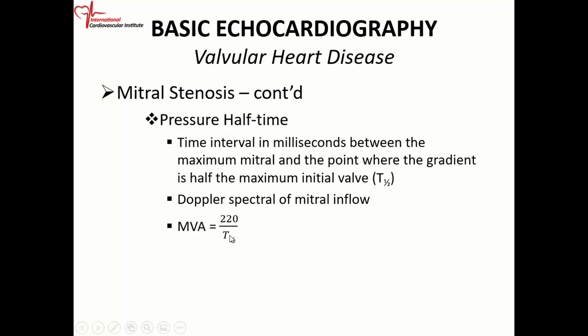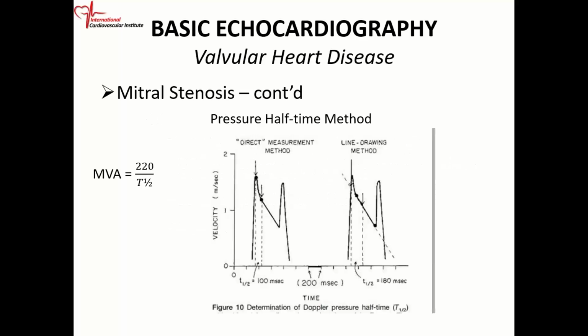That's the time it takes for the pressure to fall to 1/2. So he did a series of experiments and came up with this. This is more so for rheumatic. It works very well for patients with rheumatic mitral stenosis. So 220 divided by the pressure half time.